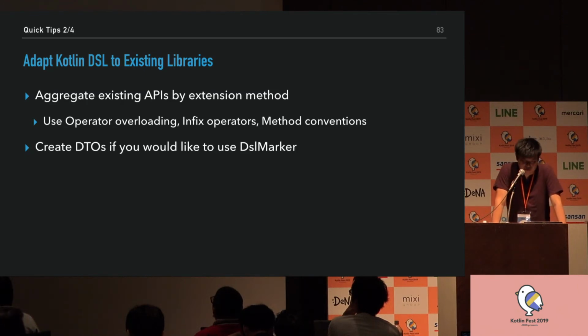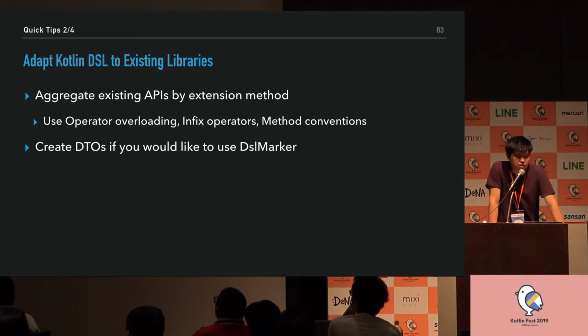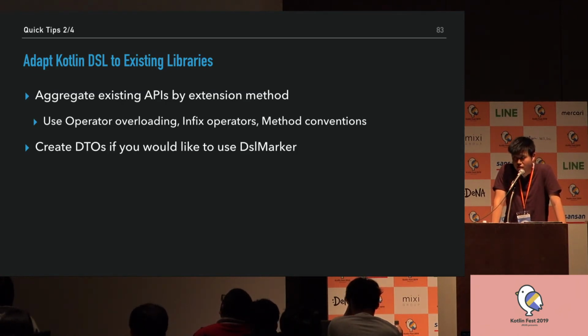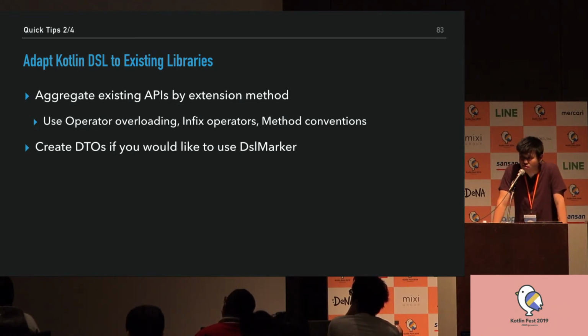The second tip is a development tip when adapting Kotlin DSL to existing libraries. In Kotlin, we do not always create new wrapper classes for existing APIs because Kotlin has extension methods. So we should aggregate existing poor or low-level APIs by extension methods first.